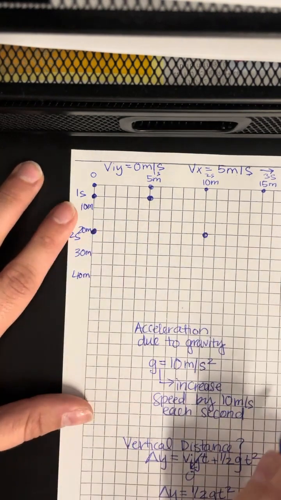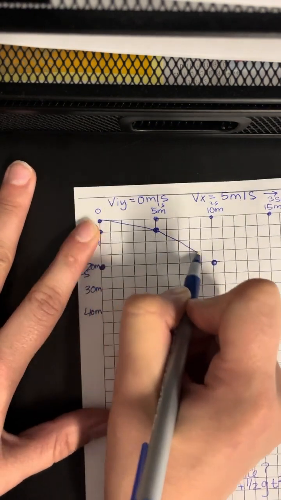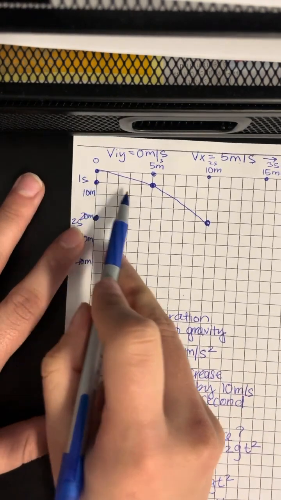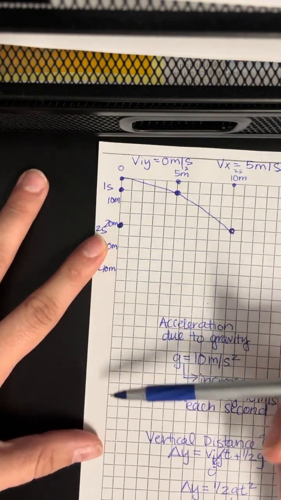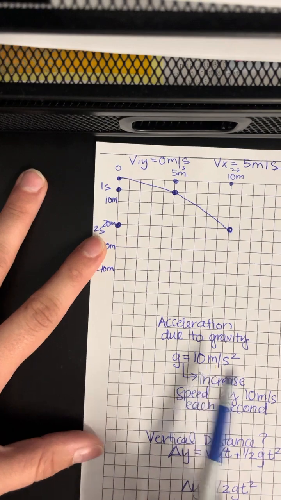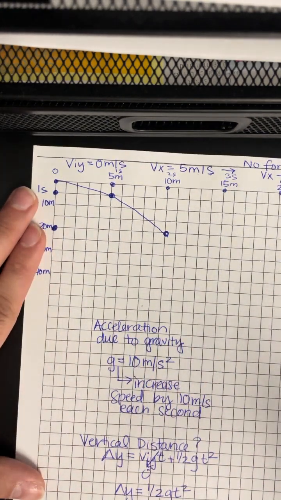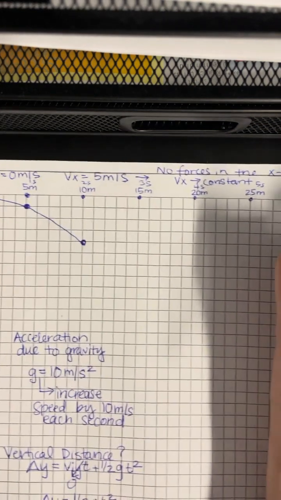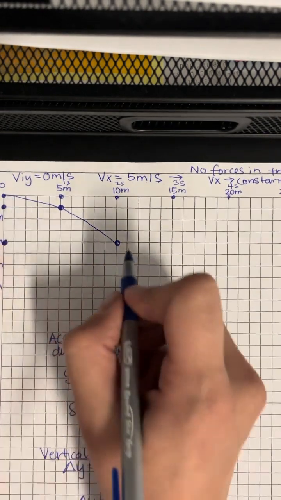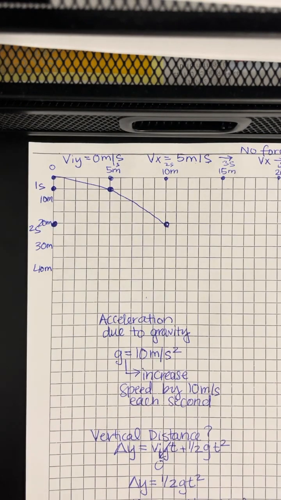And you'll continue down, and you're going to see that it follows this curved path, that as time goes on, our y continues to get a farther and farther distance apart due to this acceleration, where our x stays the same distance apart because it's a constant velocity. And so you'll finish this out up to the 6 seconds, and you're going to see that it's going to be a curved path that comes down that follows the projectile motion.